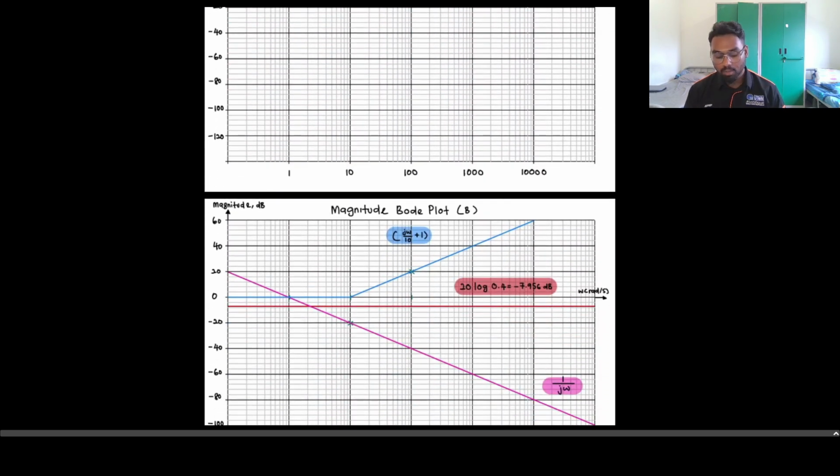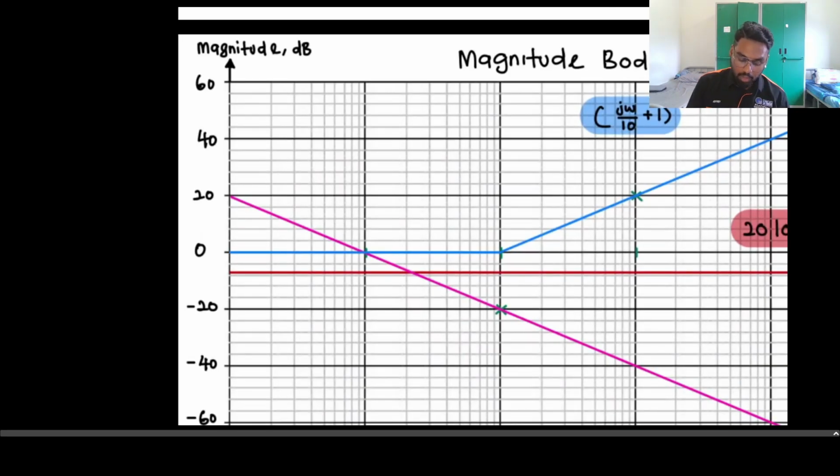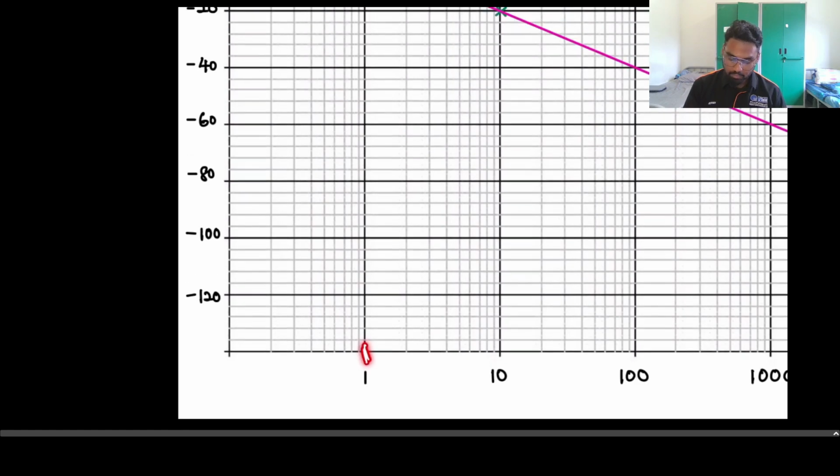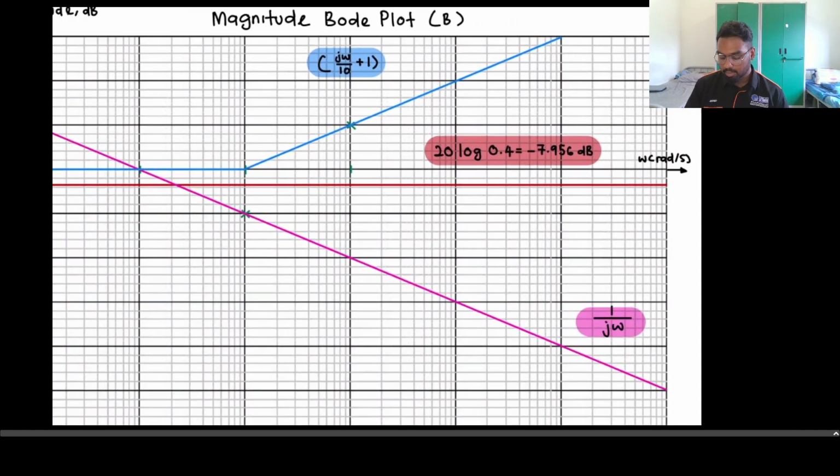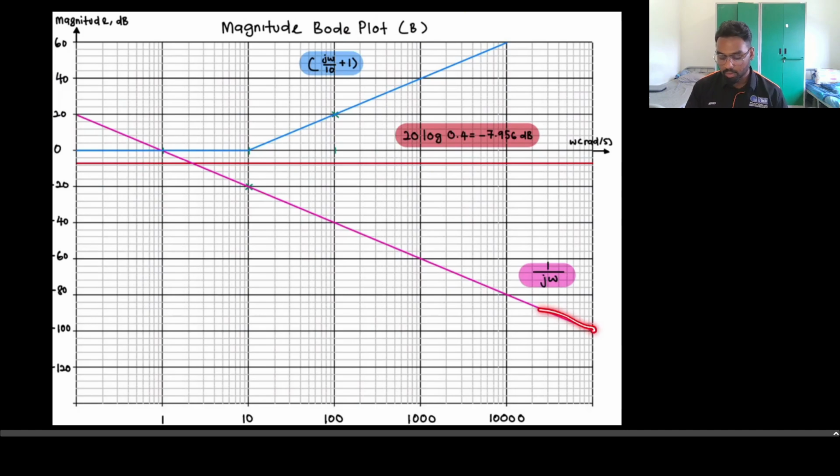The best way to do that is to start your line from the 20 decibels. So I will go negative 20 dB, which is a decrement, until it reaches 1. These are my two coordinates, and you just use these two coordinates to draw a straight line until it reaches the maximum of the graph.